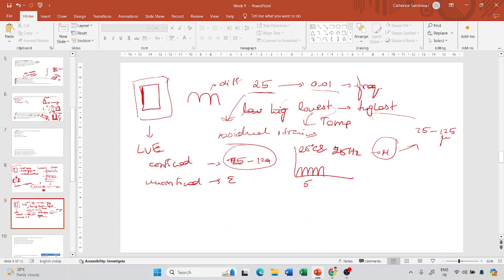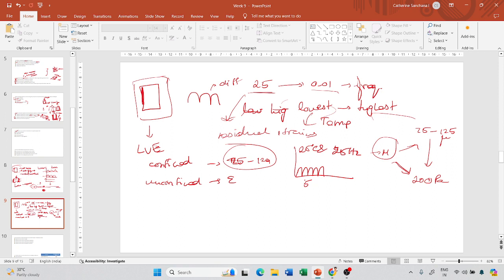Now, say for this modulus, 200 Pascal stress is required. So it will apply 200 Pascal to the sample for 5 cycles.